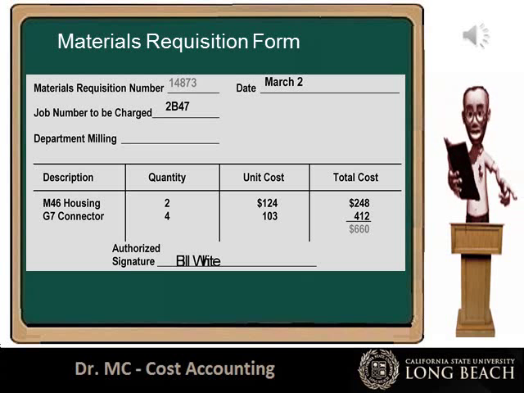A record is kept every time that the factory draws down materials. That record is called the materials requisition form, and it notes the job or account that is charged for the materials being requisitioned. The materials requisition form has a number so that it can be traced. On the example on the screen, Materials Requisition Form 14873 notes that the materials being used are being charged to Job 2B47.